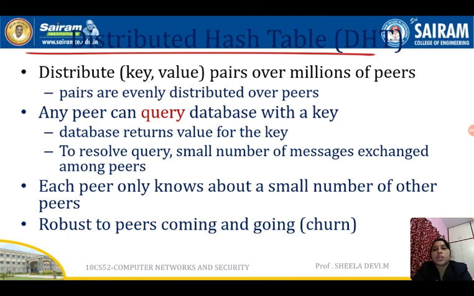If my Aadhaar number is 23, the peer whose identification is closest to 23 will have this key-value pair. That is how it is distributed.